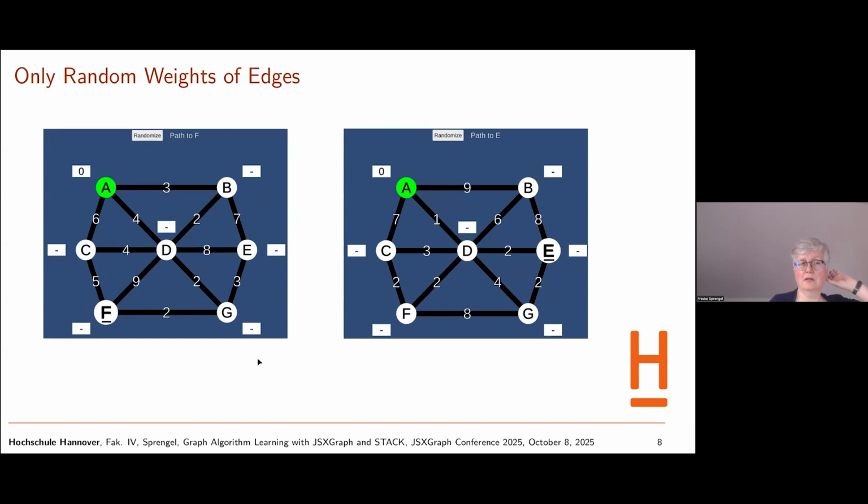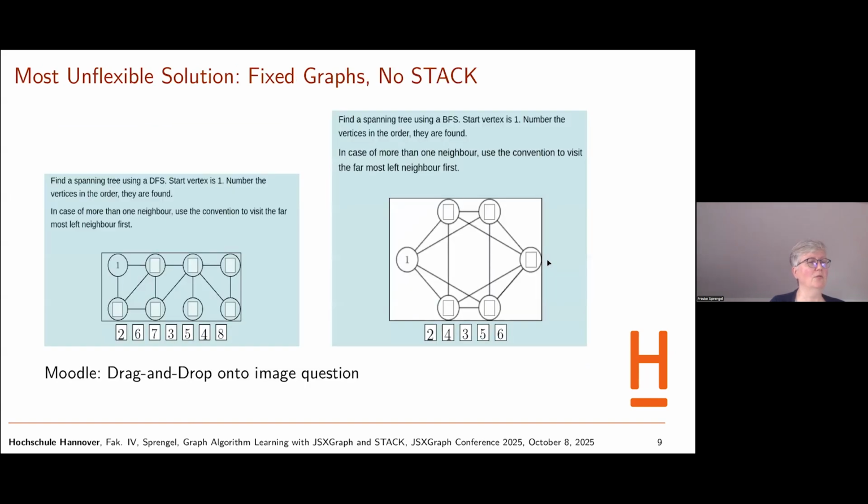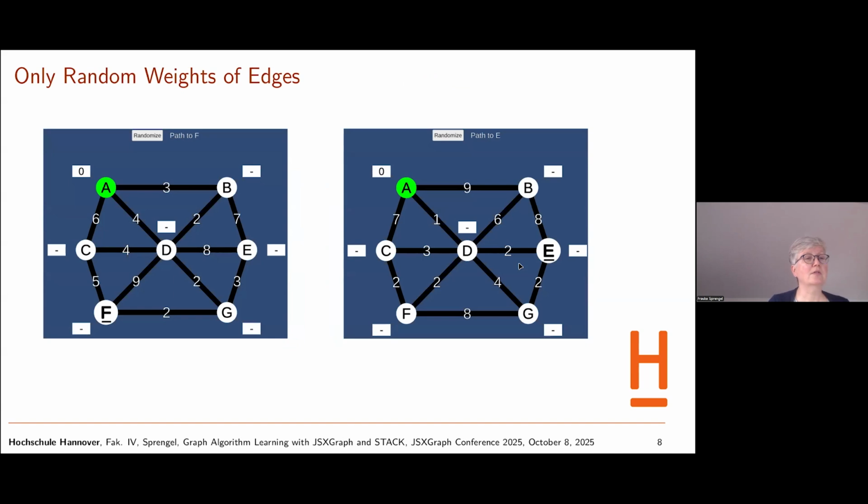Then he also did Dijkstra's algorithm, and here he only randomized the weights. And I think here you have always the same starting point. And he said, well, here we have some extra nodes where we want to go. So this is the E here and the F there, and we want to have the shortest path. This is how they did it in the lecture of algorithms and data structures.